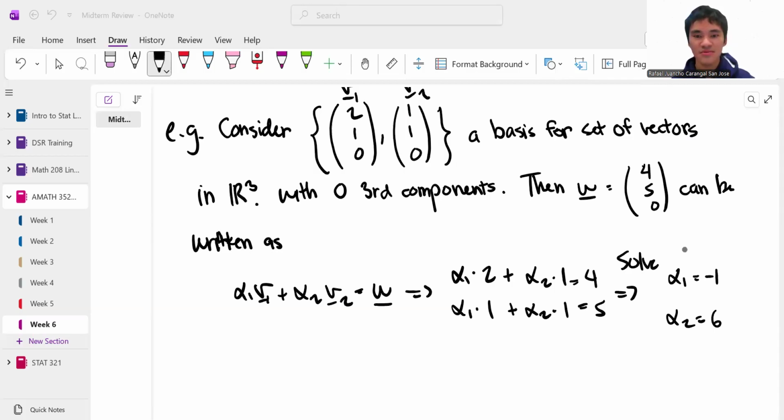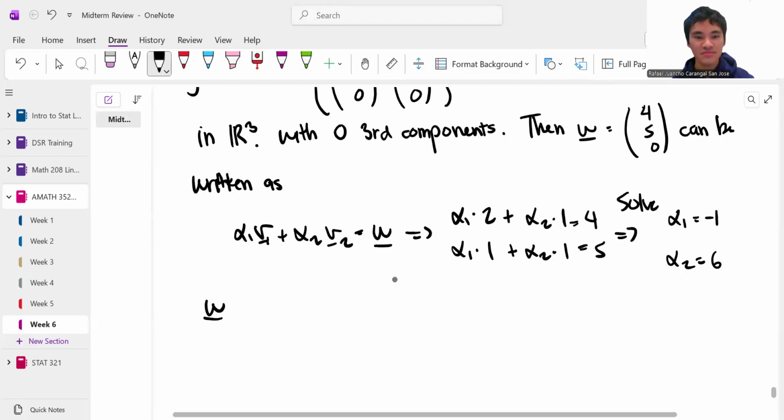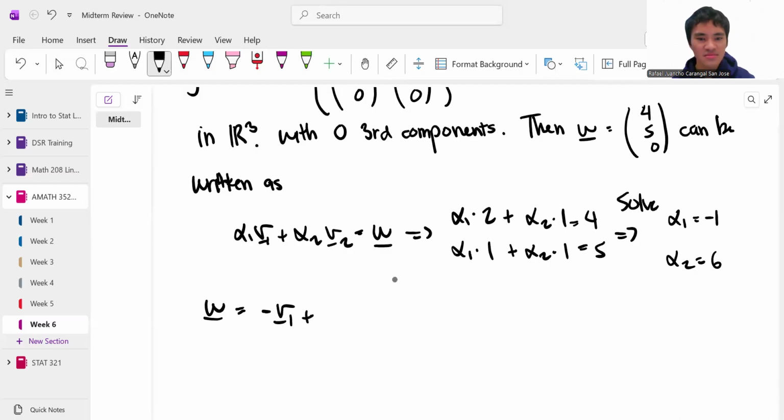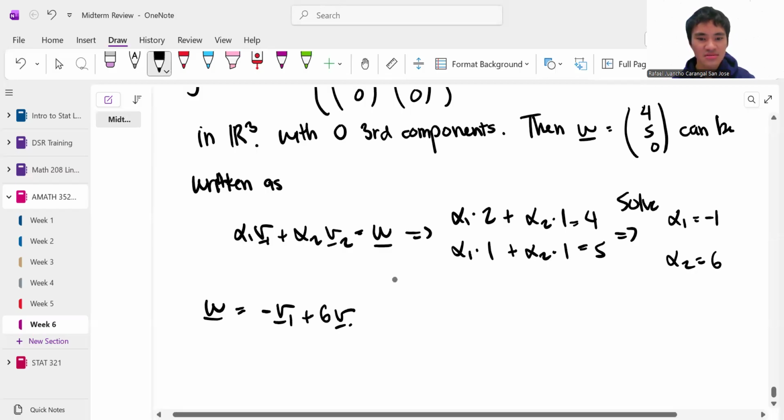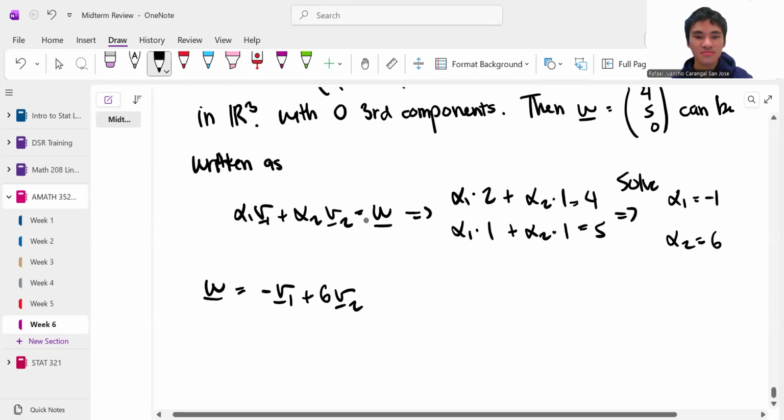So we say W is negative v1 plus 6 v2. So W is, for one, part of the span of v1 and v2.